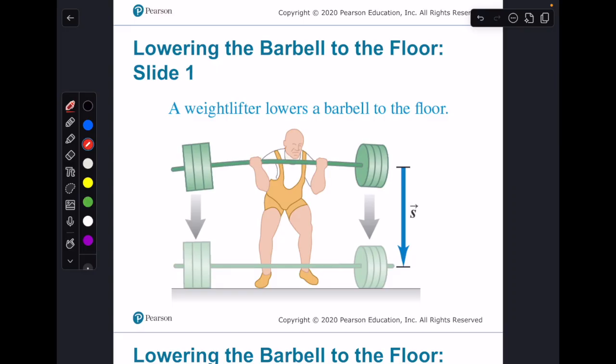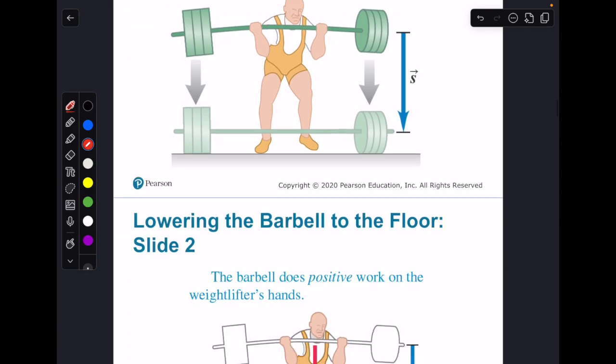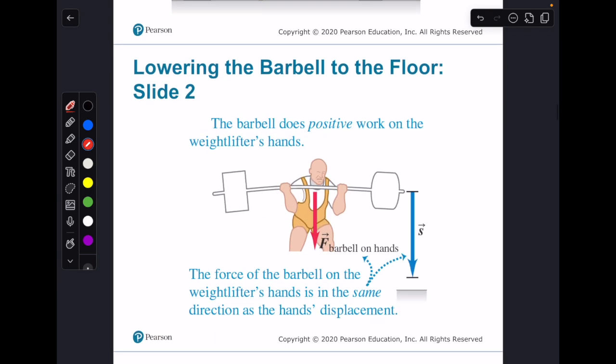So let's analyze the work done in this situation where we have a weightlifter lowering a barbell to the floor. Let's look at it from two different aspects. The first aspect focuses on the weightlifter himself, or his hands, and we're tracking the hands.